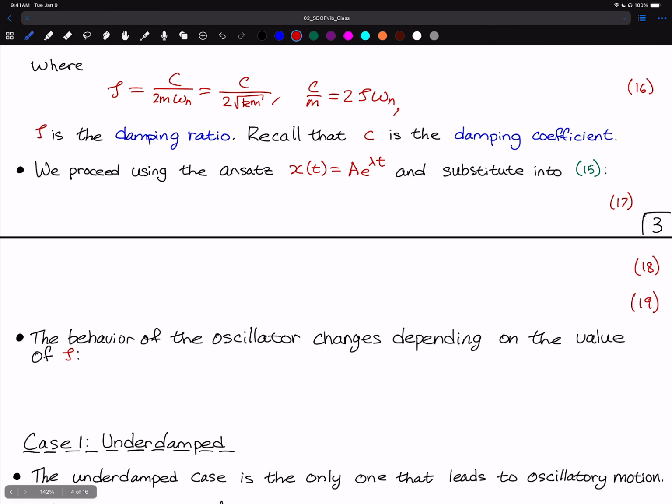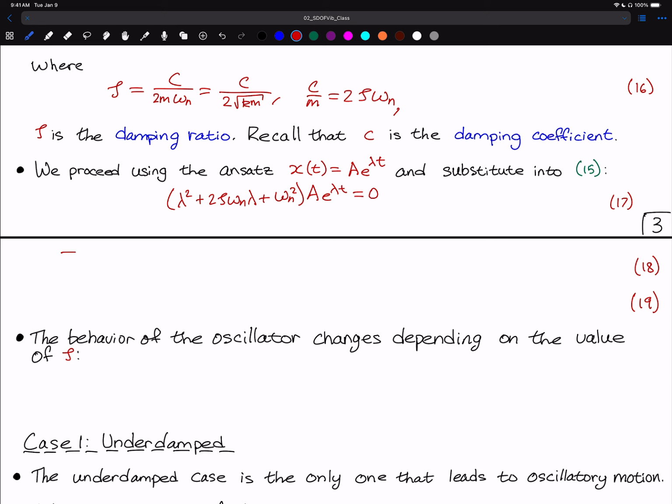So we're going to substitute that in, and we're going to end up with the quantity lambda squared plus 2 zeta omega n lambda plus omega n squared, all of that times A e to the lambda t equal to 0. Again, we find that A equals 0 is a possible solution, but this is a trivial solution. And e to the lambda t cannot be 0 for all time.